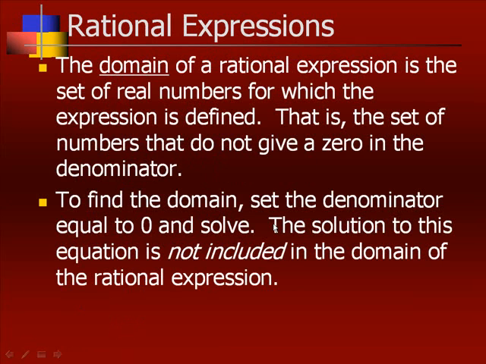Now the domain of the rational expression is the set of real numbers for which the expression is defined. That is, it's the set of numbers that do not give a 0 in the denominator. To find the domain, set the denominator equal to 0 and solve. The solution to this equation is not included in the domain of the rational expression.